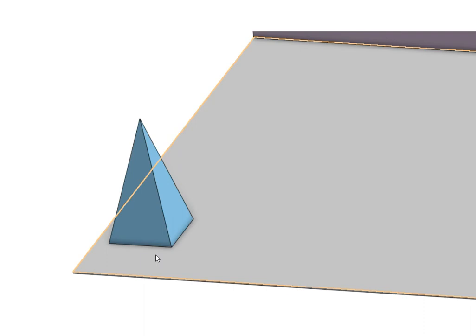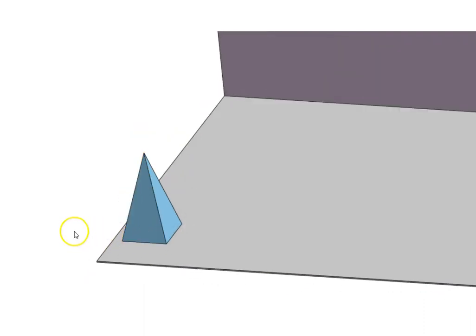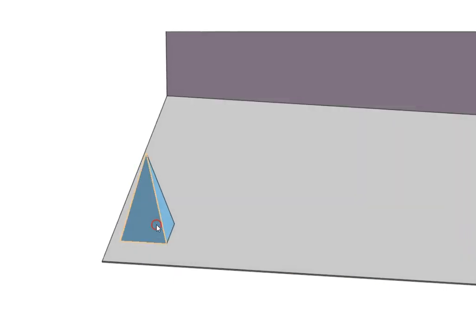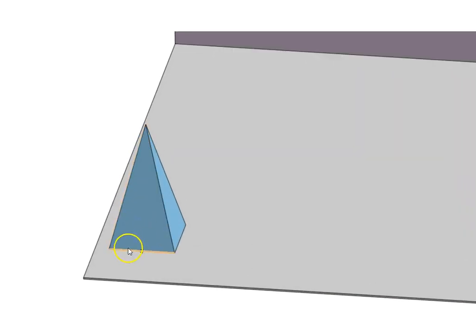So this is the question. Let's see how we can go about doing this. First of all, let's tilt the pyramid at an angle of 30 degrees. Let's see how it looks.